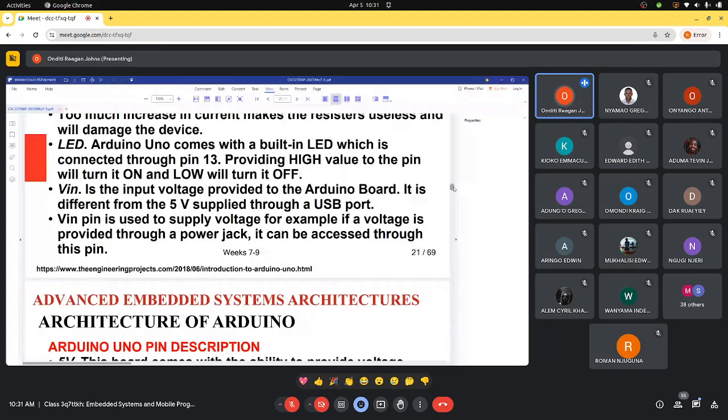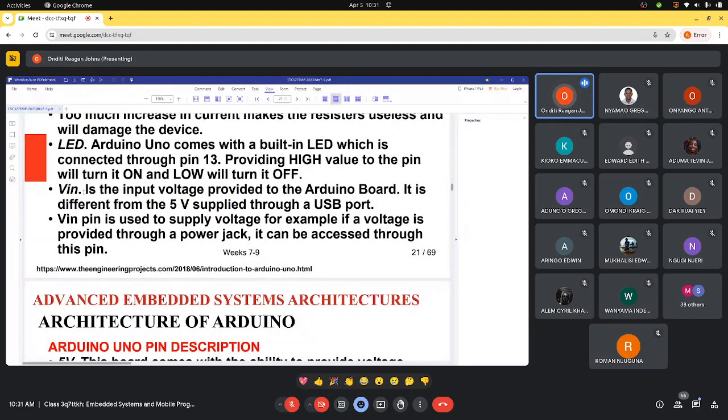VIN is the input voltage provided to the Arduino board. We've talked about it. It is different from the 5 volt supply through a USB. So the VIN pin is used to supply voltage. For example, if a voltage is provided through a power jack, it can be accessed through this particular pin. So that means that the VIN pin is very important.